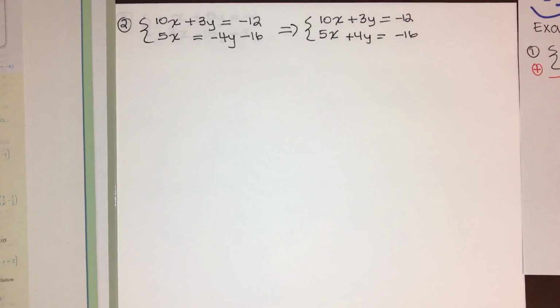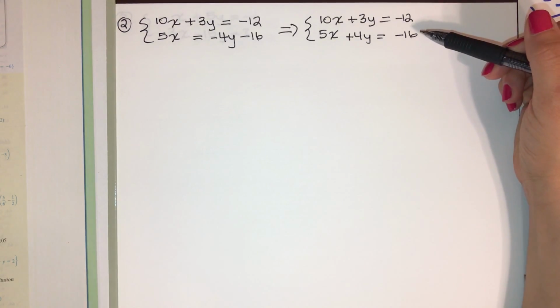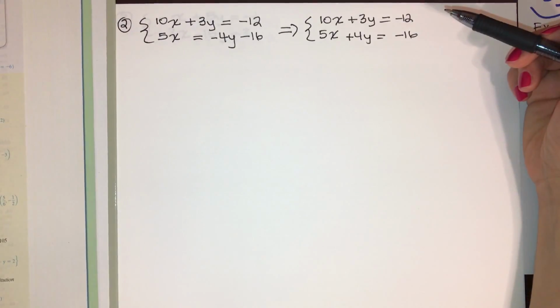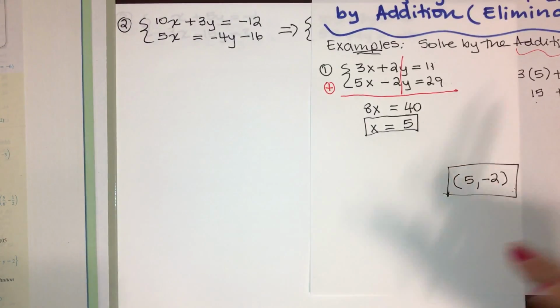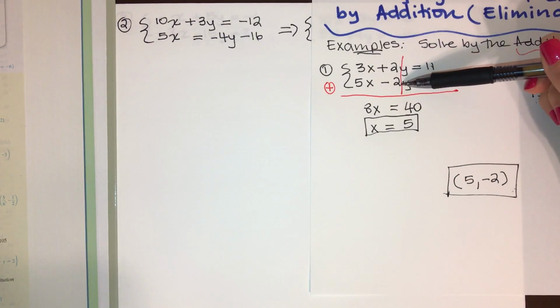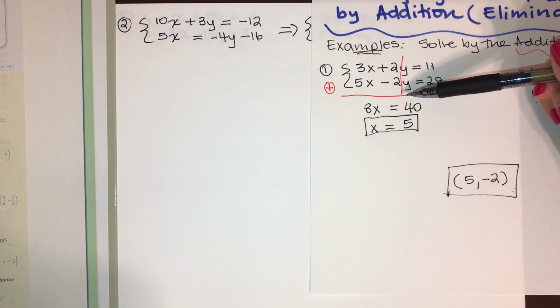Okay, now that the like terms line up, we need to add our equations to eliminate x or y. Notice that if I were to just add these two equations, we don't eliminate x or y. Remember, in order to eliminate, we need to have the same number but opposite signs.